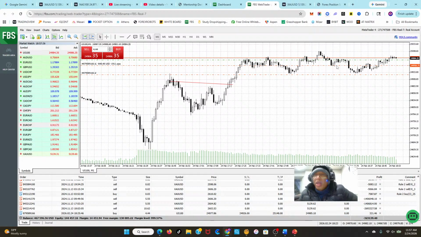The candle that broke out was this one here, so we're going to keep our stop loss close there. Maybe that's too close. Yeah.